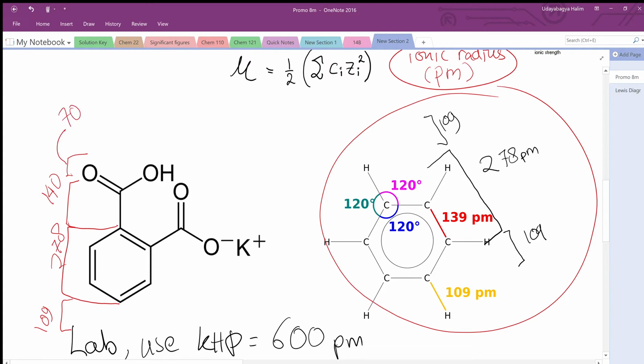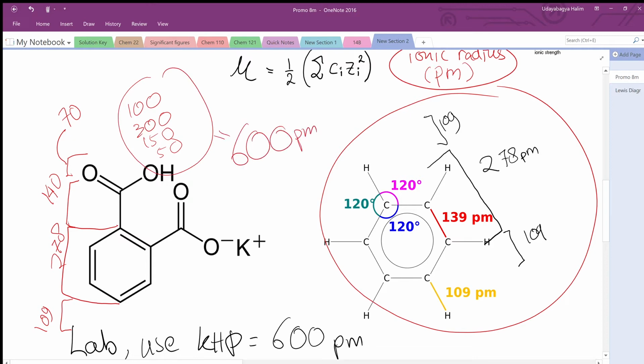If you simply add them up, we have 100 plus 300, again just rounding, plus 150 plus 50-ish. Add everything together and you get about 600 picometers, and that's the number you were supposed to use for the ionic size of KHP. It's just how big the molecule is, your ionic radius.